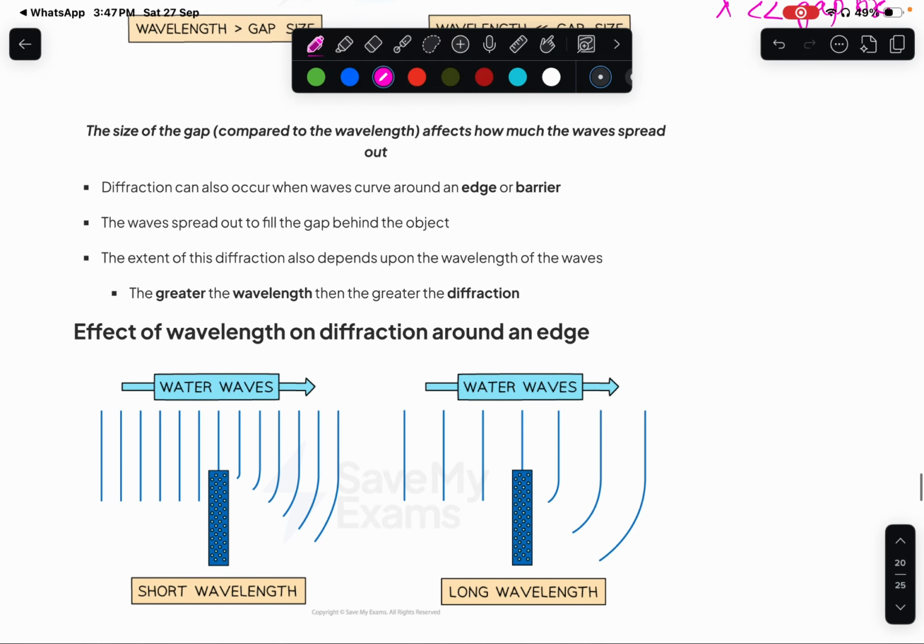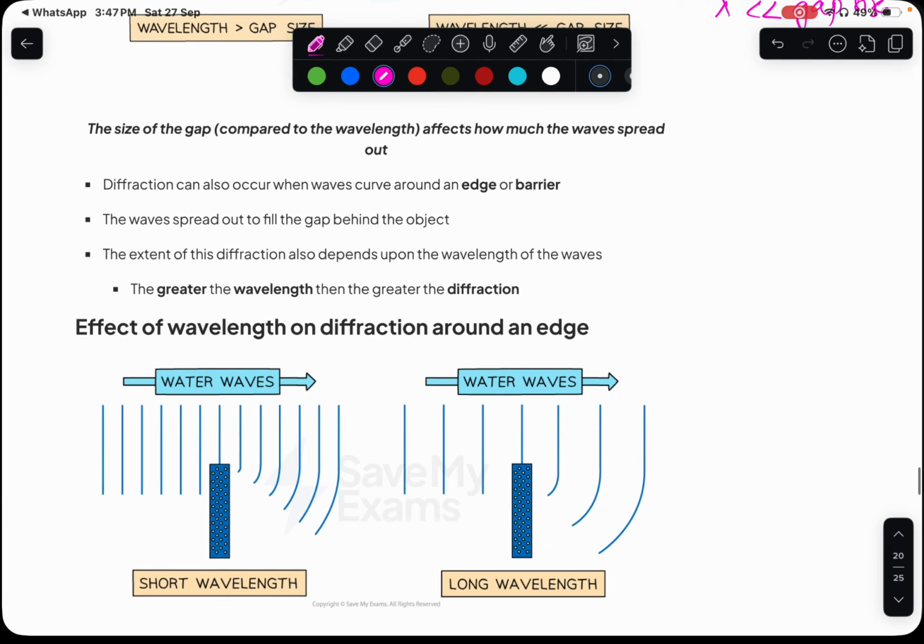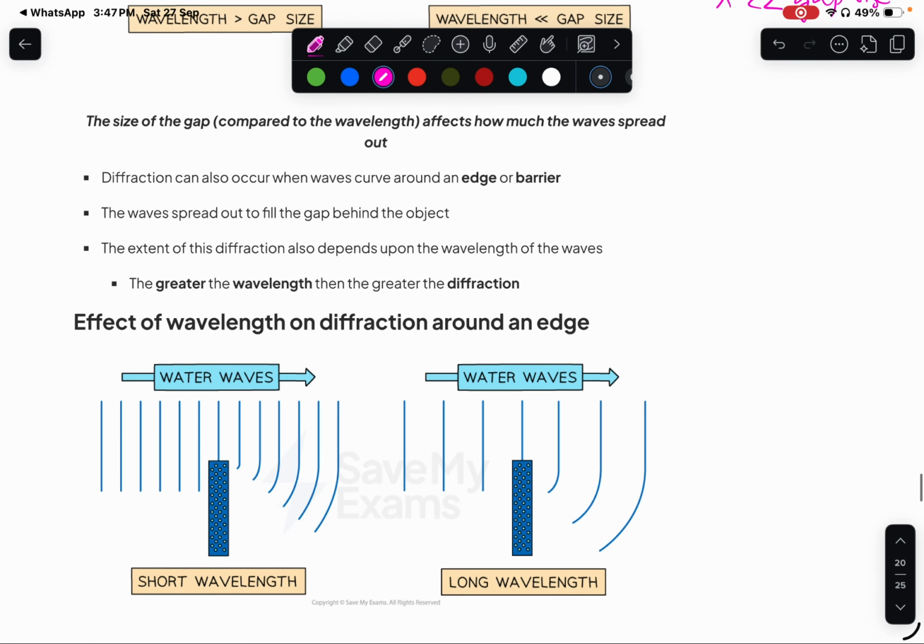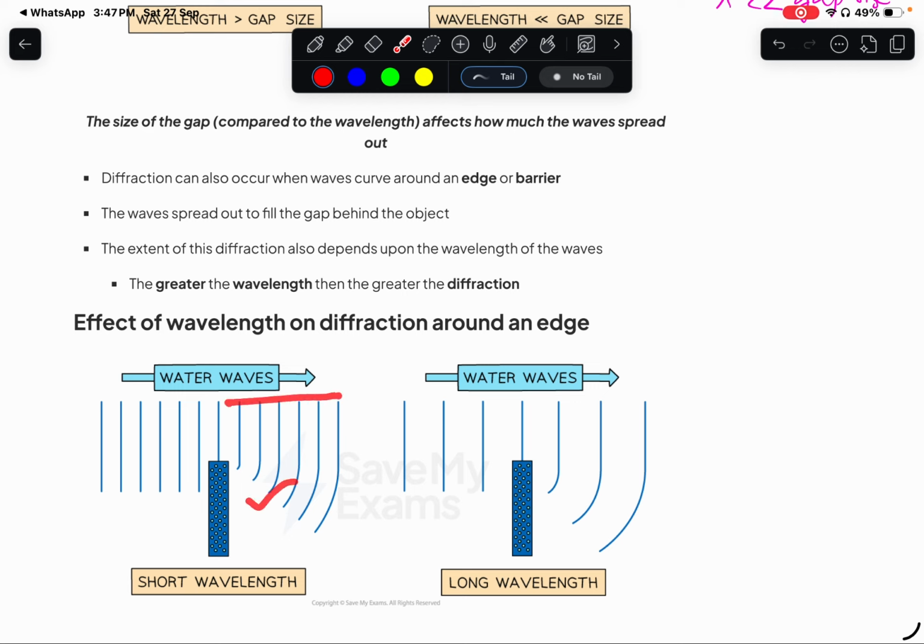Another example: we are not placing two barriers now, we are placing just a single barrier at one side. So what would happen? Only one end of the wavefront will be spreading, and the other will pass straight without any bending. If this is our barrier and the wavefronts are coming towards it, only this part of the wavefront has been stopped.